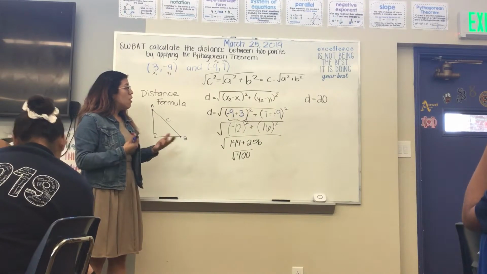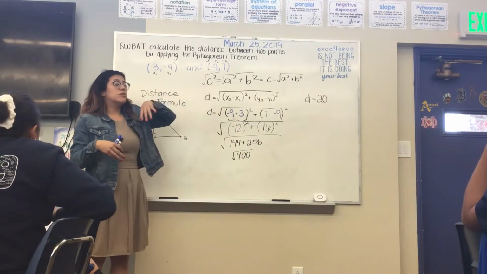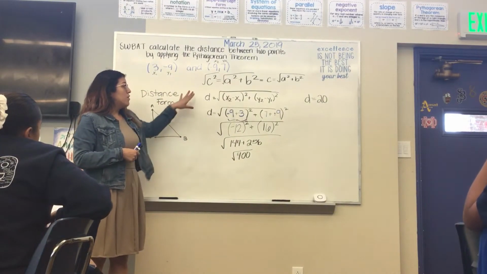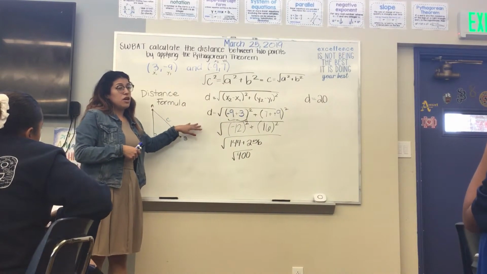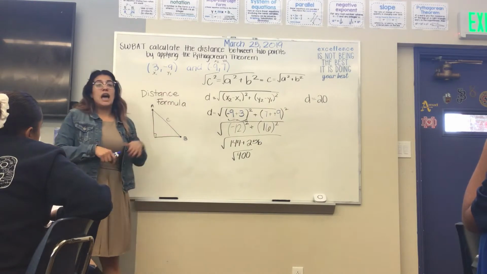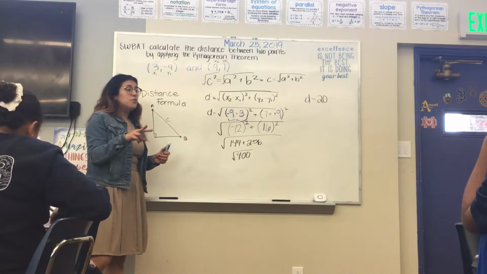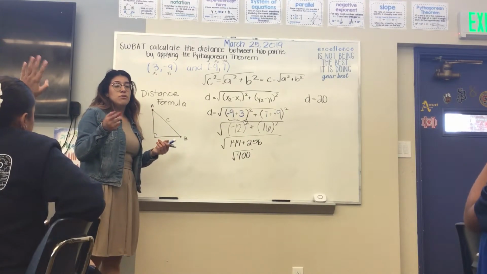Okay, so now I'm gonna give you two coordinate points, and I want you to apply the distance formula to find the answer. And you're not always gonna have perfect squares. So what are two ways you can, let's say it's not a perfect square. What can you do, Victoria?